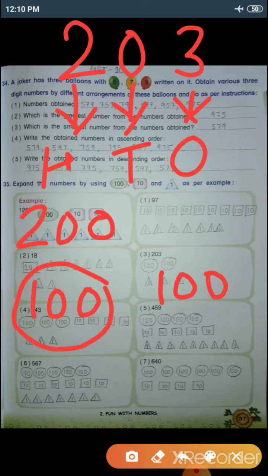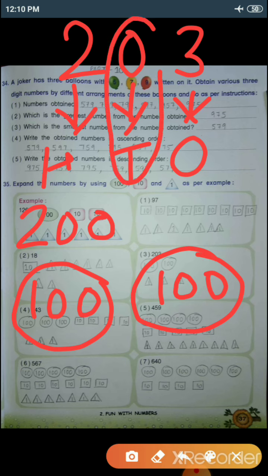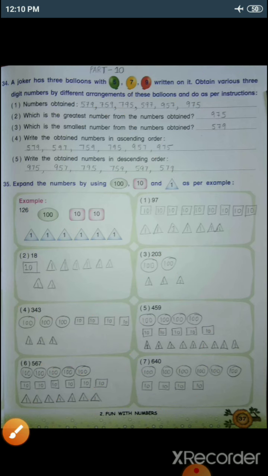And we indicate 100 in circular form. Now there is nothing on tens place, so we will not indicate 0. 3 is on ones place, so 1, 2, 3. But in which shape? Triangle shape. Very good.